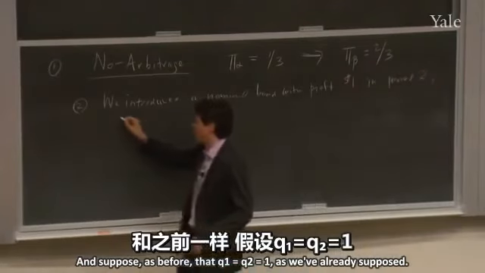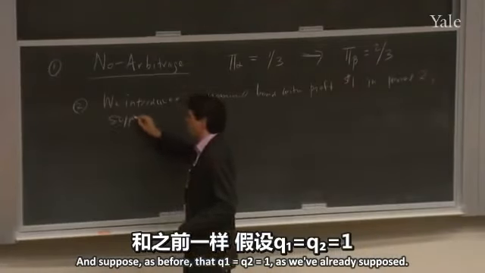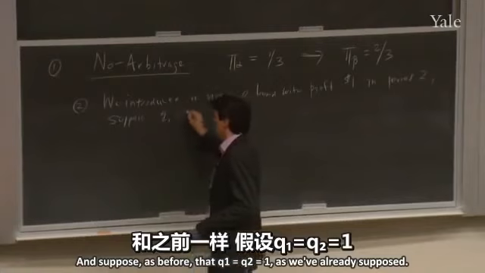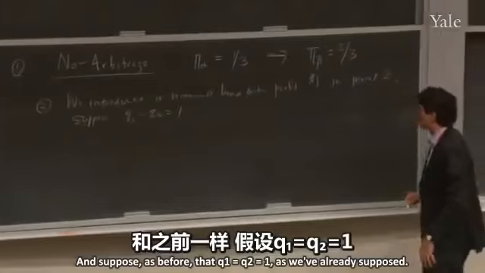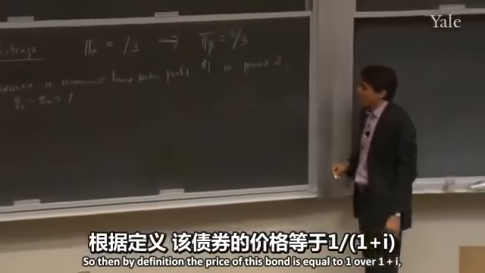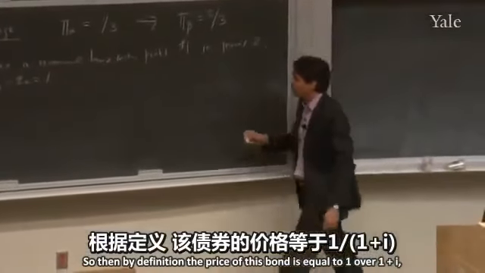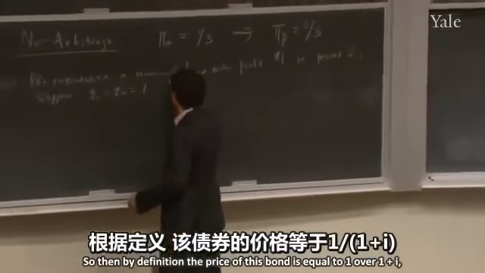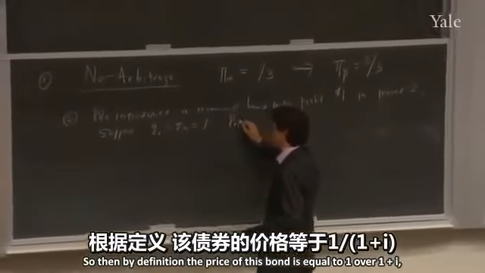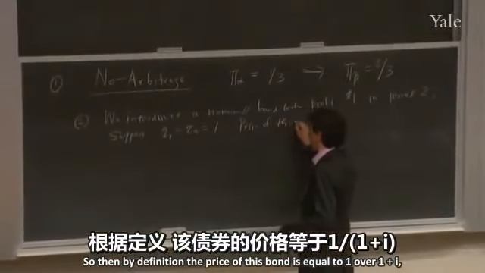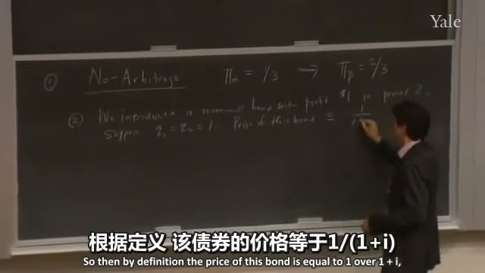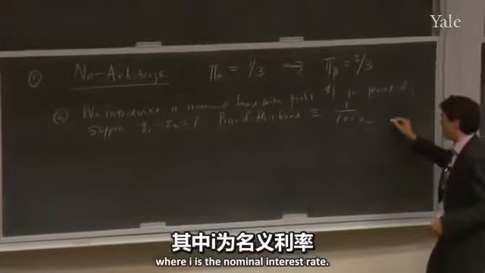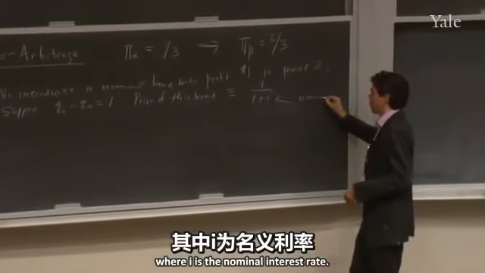And suppose, as before, that Q1 equals Q2 equals 1, as we've already supposed. So can we figure out the price of this bond? By definition, it is equal to 1 over 1 plus I, where I is the nominal interest rate.